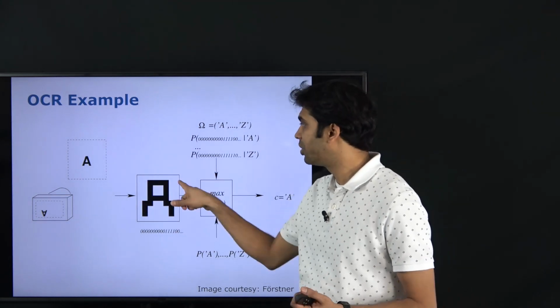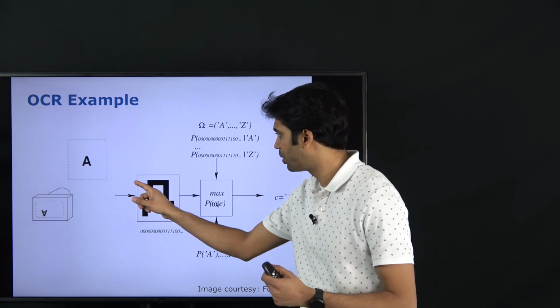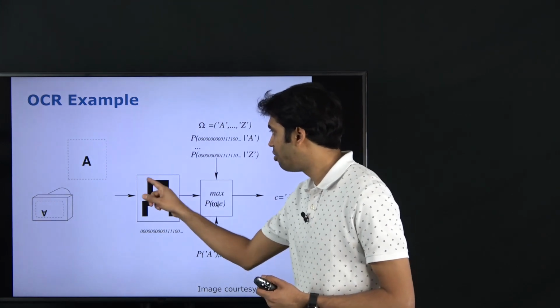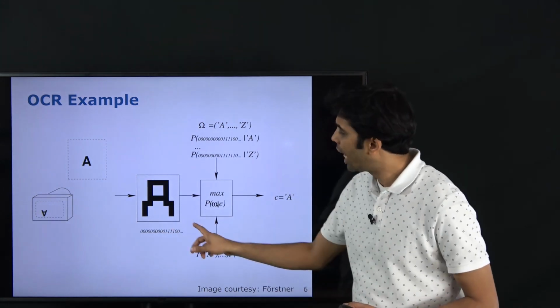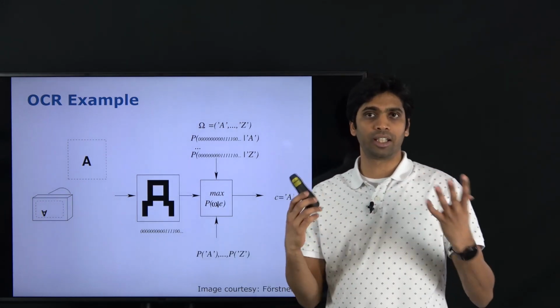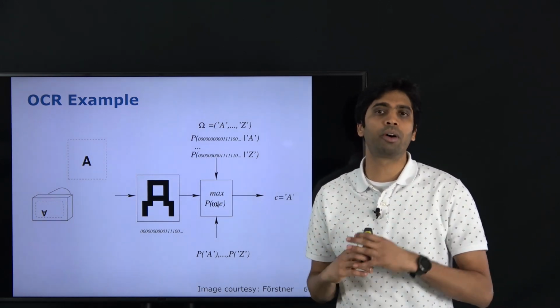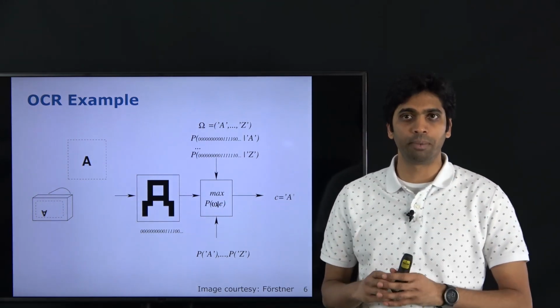So this image may be represented as, let's say, 0 0 0 0, some zeros, and then ones where there is this black part, and so on, and we end up with this representation for that image, which is a string, right? So this is a design choice about how you want to represent your input image.